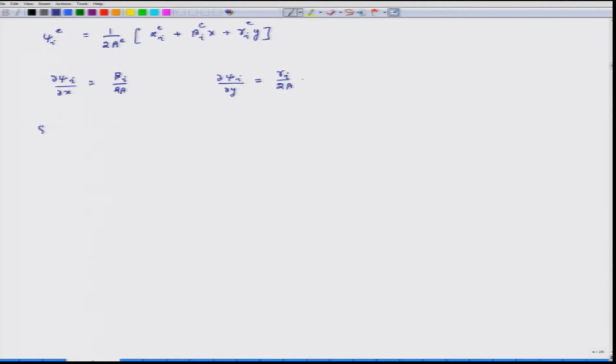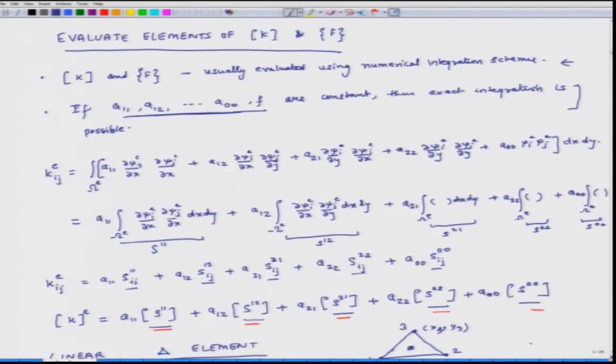Now, S11. What is S11? It corresponds to the integral of del psi I del x times del psi j del x.